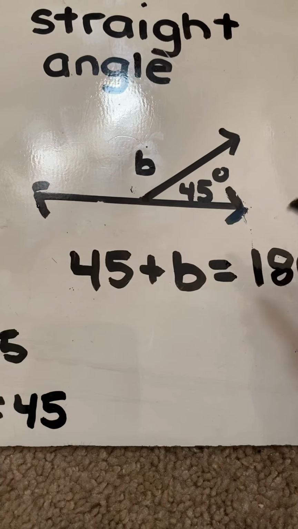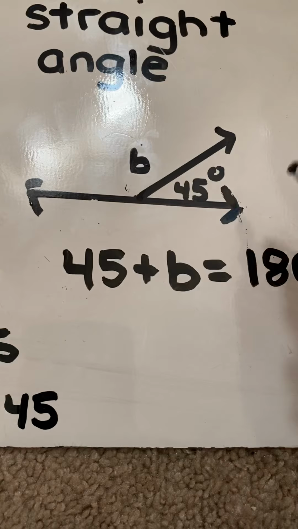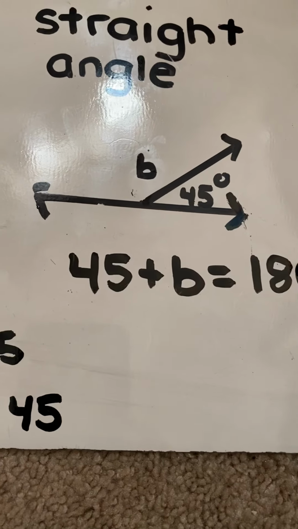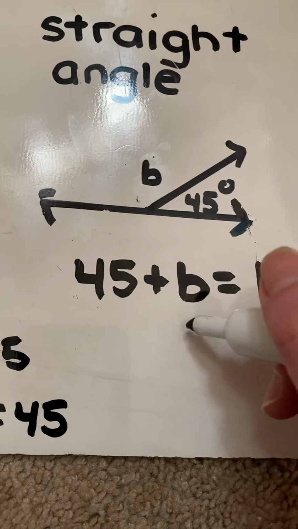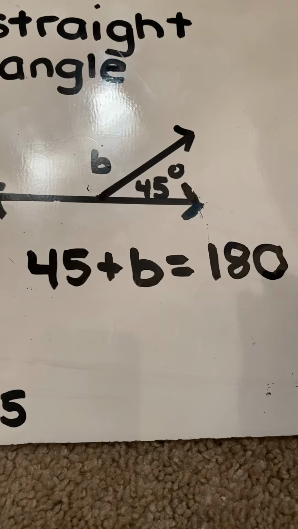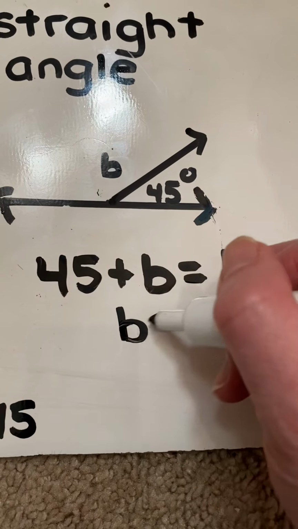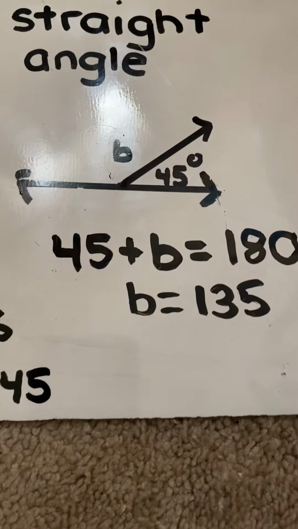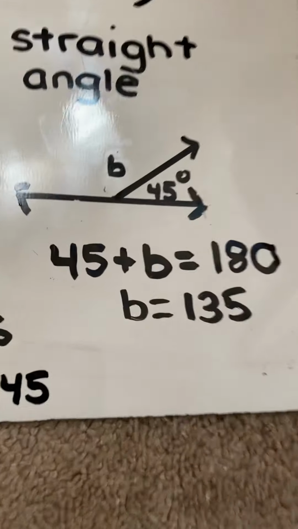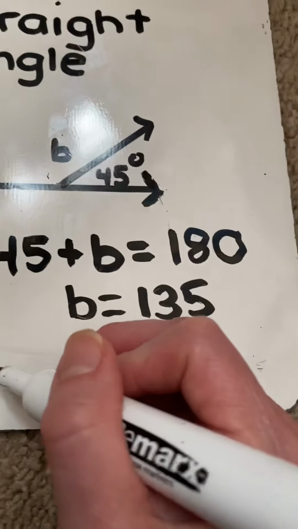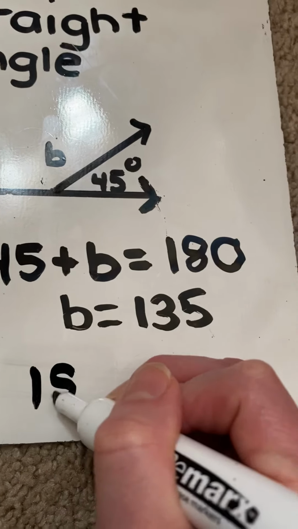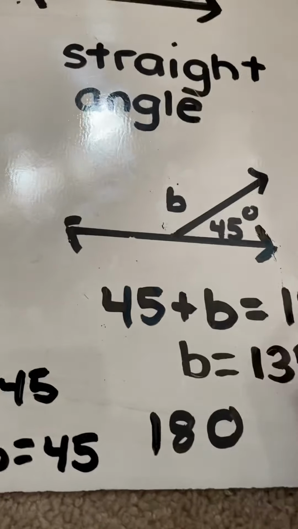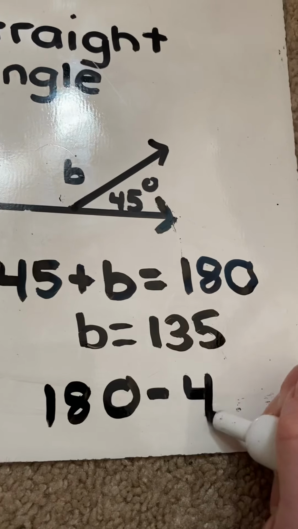So in your brain, you can solve for that. You can say 45 plus 135 is going to equal 180, and therefore B would equal 135. For many of us, this is going to be a little bit easier. We could start with our total of 180, and we can subtract what we know, which is 45.